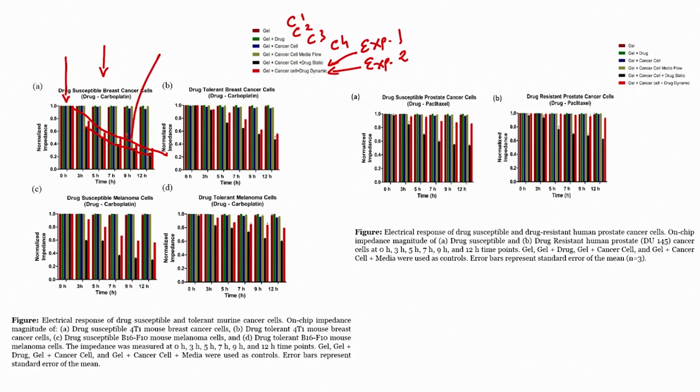So, this top one is dynamic, the bottom one is static. We can clearly see that a dynamic experiment shows us different result compared to static experiments.